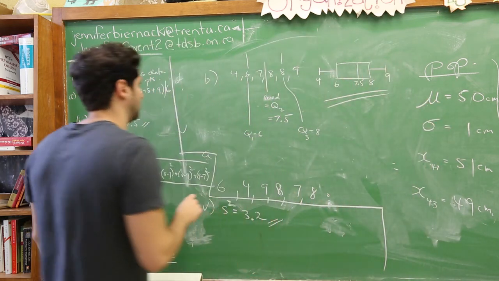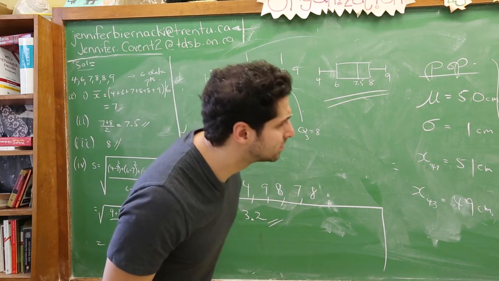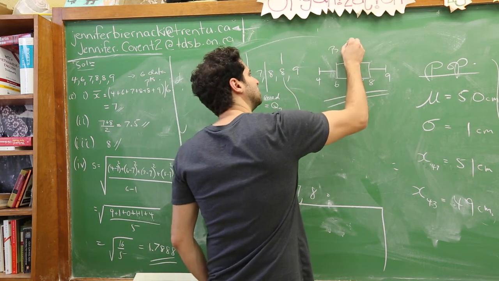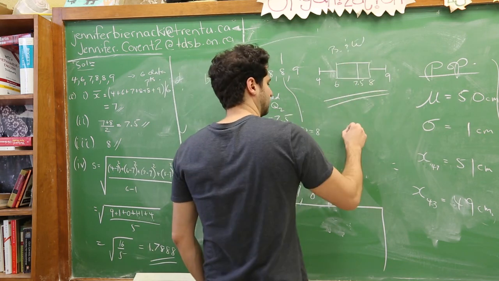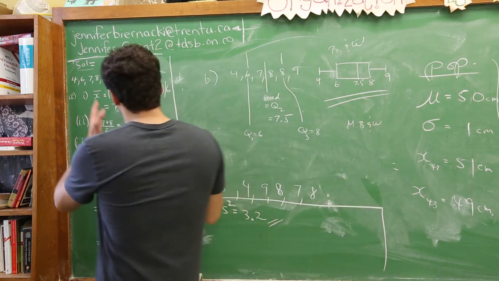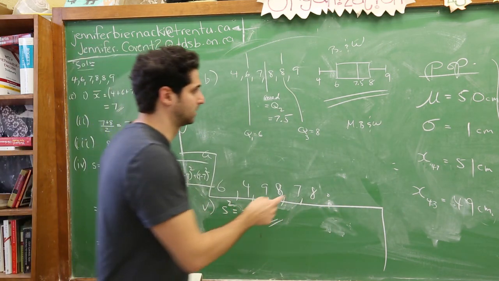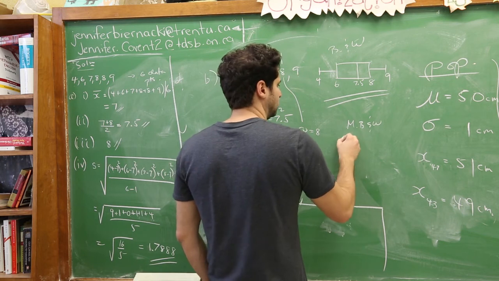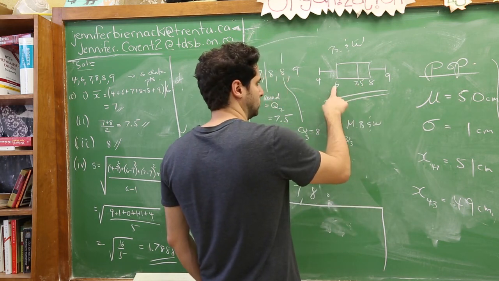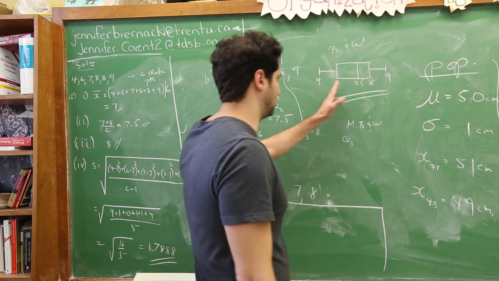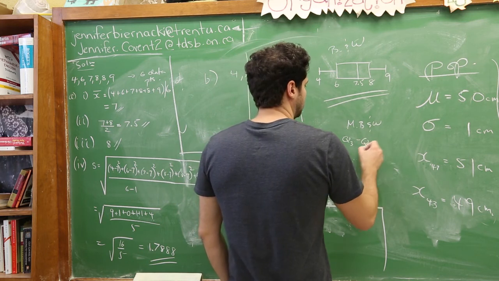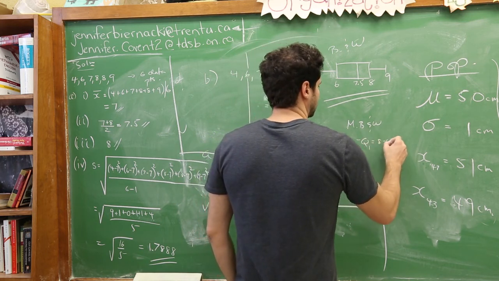That was the box and whisker. Now we have to check the modified one. I can tell it's going to be the same because the data is tight, but just to double check. Q3 minus Q1 is 8 minus 6, which is 2.